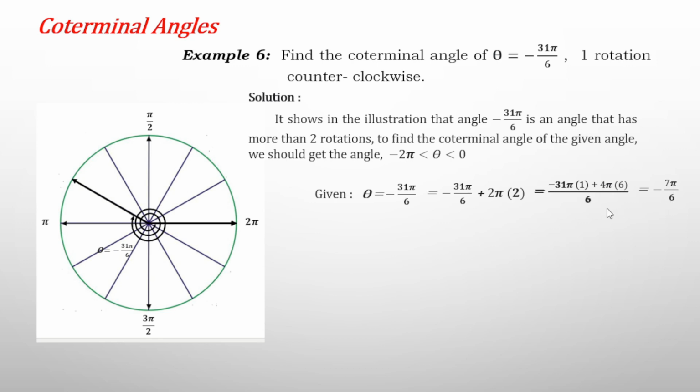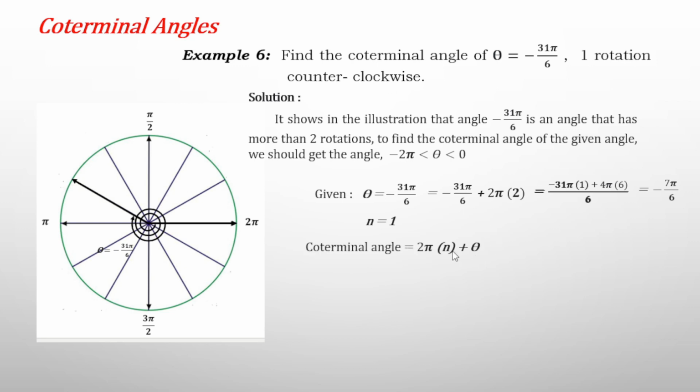So our updated theta is negative 7 pi over 6, and our n is 1 because that is 1 rotation counterclockwise.